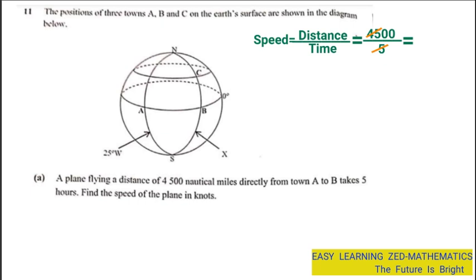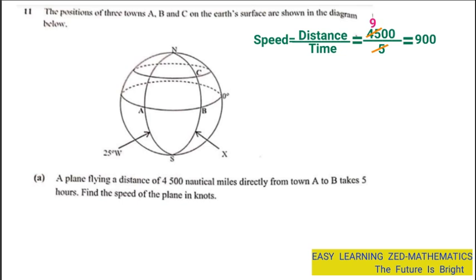I haven't used the zeros, so on top I'm remaining with 900. The 1 that came from 5 divided by 5 gives 1, and 1 into 900 gives us 900.